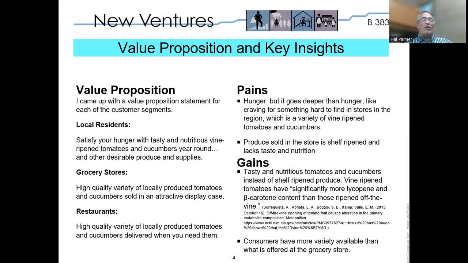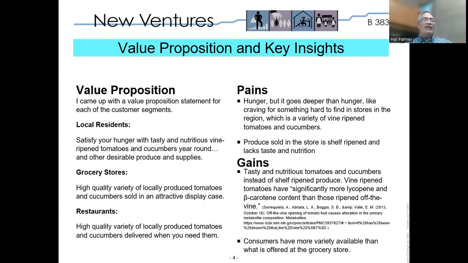So here's the value proposition statement. To satisfy your hunger with tasty, nutritious, vine-ripened tomatoes and cucumbers year-round and other desirable produce and supplies. I also have one for the grocery stores.